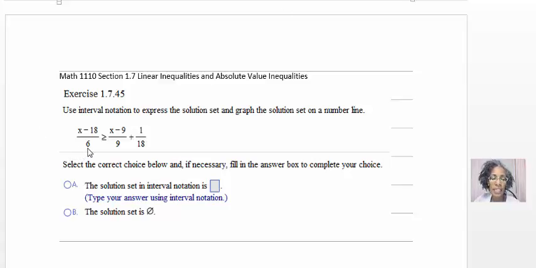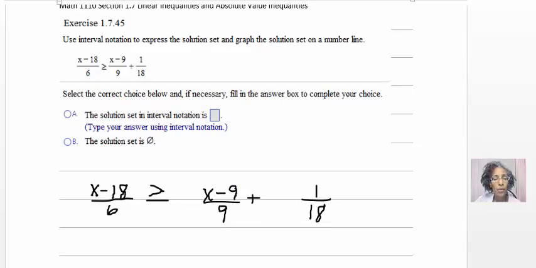And it turns out 18 is the smallest number that 6 divides into evenly, that 9 also divides into evenly, that 18 also divides into evenly. So we're going to take that number and multiply each term by that number, and that will clear the fractions out of the problem. So we're going to multiply every term by 18.